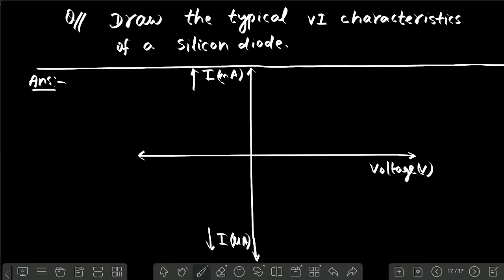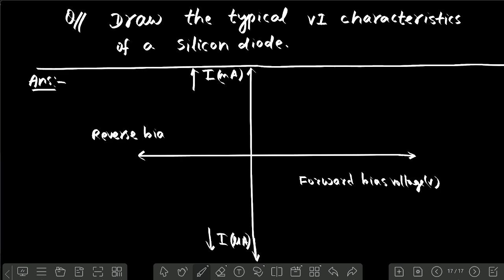So in the positive x-axis write forward bias voltage, and in the negative x-axis write reverse bias voltage.